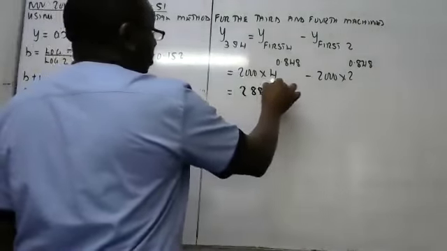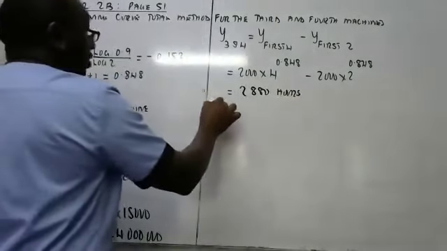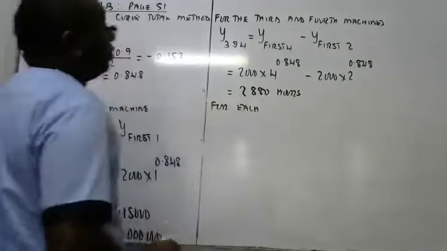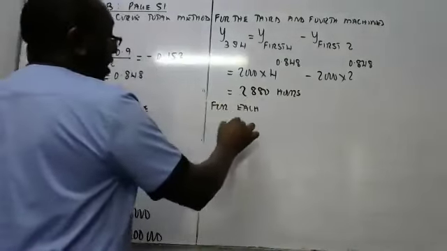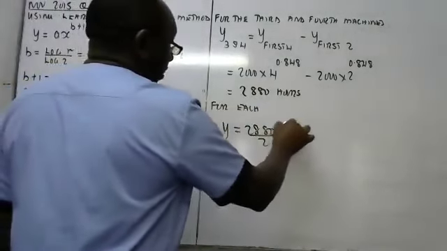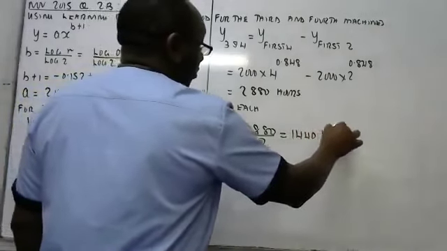2880 hours. Now for each, y is 2880 divided by 2. So that is 1440 hours.